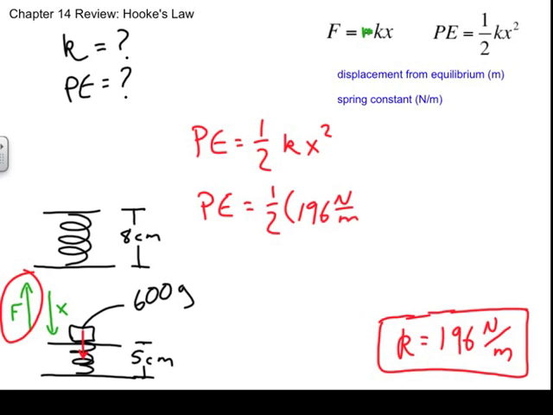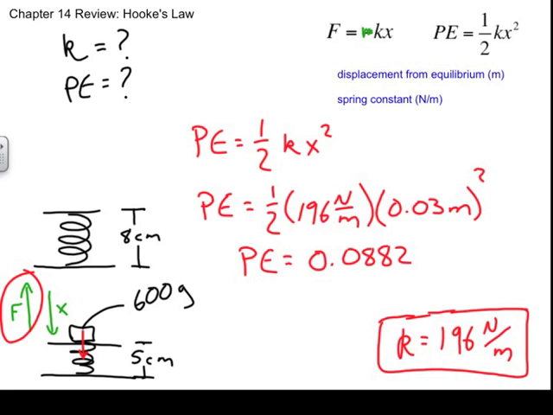This is newtons per meter. And I have 0.03 meters, but that's getting squared. When I do this calculation, I find that the potential energy is equal to 0.0882. And this is actually in joules now.